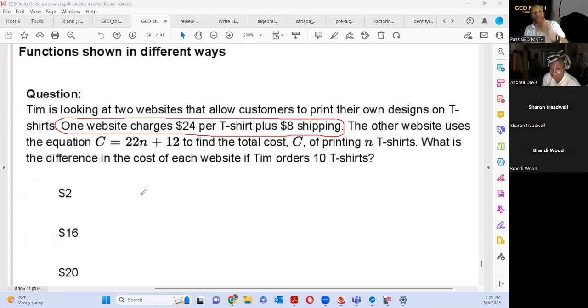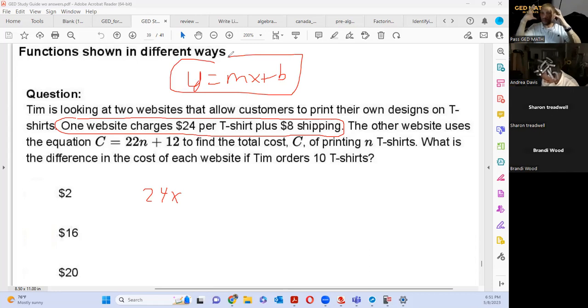If I buy 2 t-shirts, how much is it going to cost me? $48. That's changing. That's your variable. So now you know 24x. Because remember, y equals mx plus b.